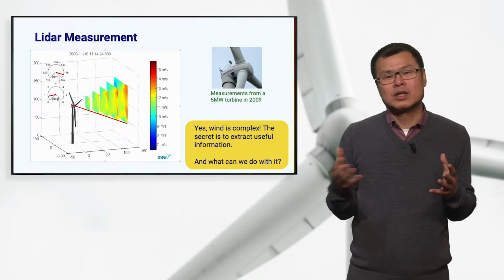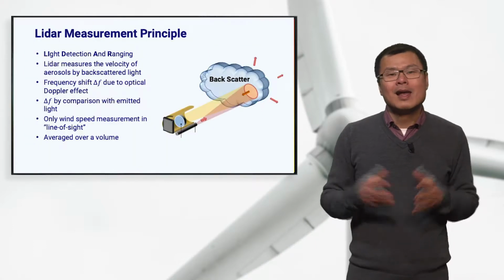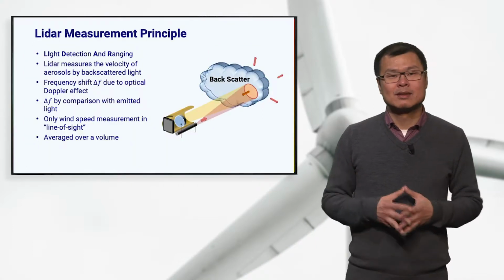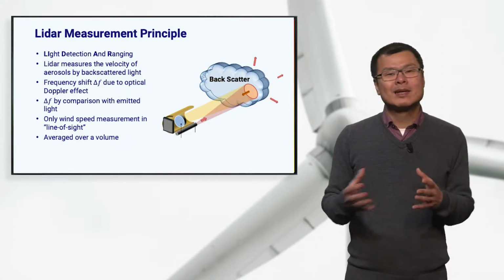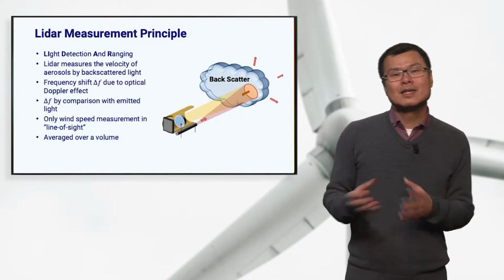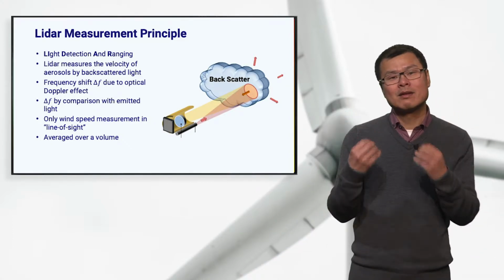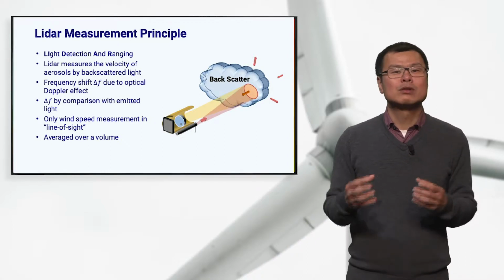Our first question is, what is LiDAR actually? LiDAR is a laser instrument. It stands for light detection and ranging. Basically, it sends out light with a certain frequency. This light will be backscattered by the little particles in the air, the so-called aerosols.